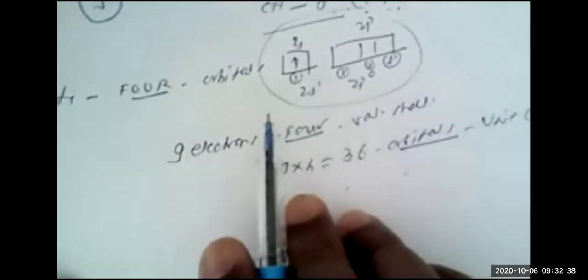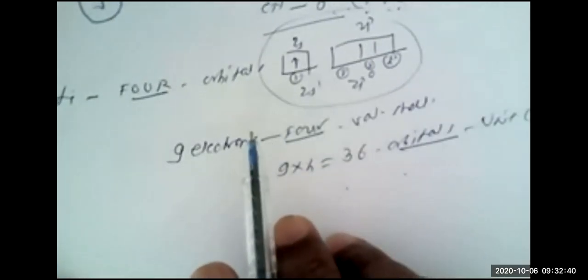So 9 multiplied by 4 means there are 36 orbitals. The single electrons released by every lithium have in all 36 orbitals over which they are delocalized. This is known as a sea of electrons, or electron cloud, or electron gas. Thus, the 9 electrons of the lithium atoms have the freedom to move simultaneously in all these 36 orbitals.